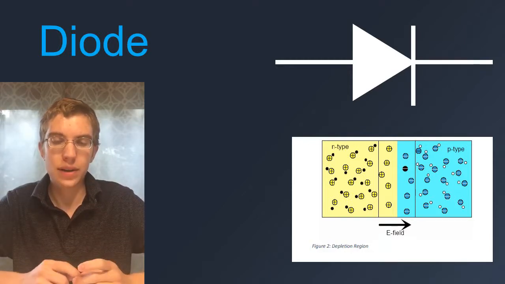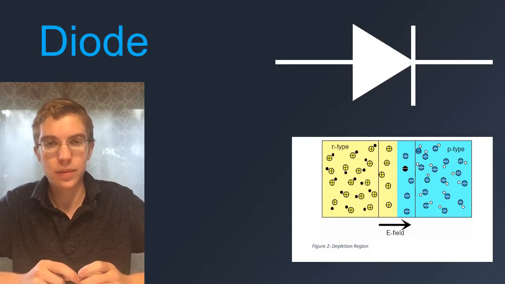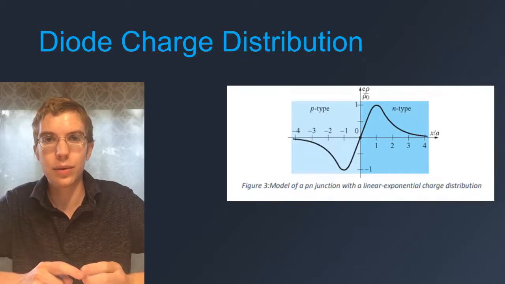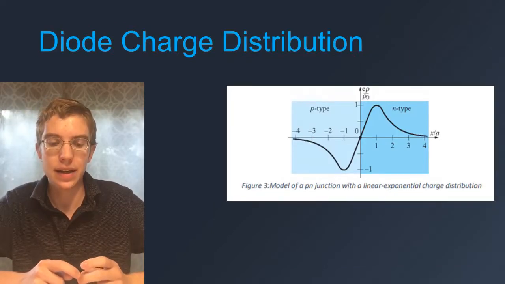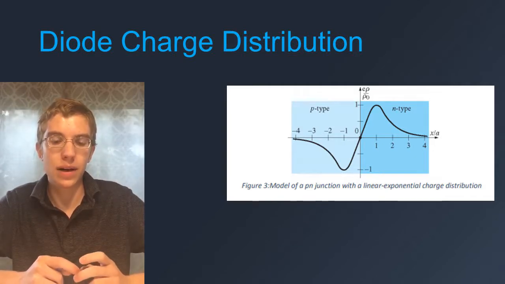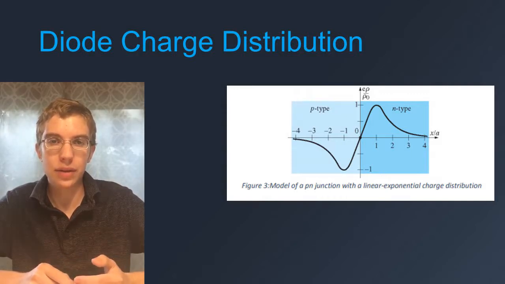So first, where exactly does this threshold voltage come from? If we look at a PN junction, we would see that there is an equal and opposite charge density on either half. Taking the differential form of Gauss's law, we would be able to calculate the electric field in the diode, and then from that, through integration, we'd be able to acquire the voltage.